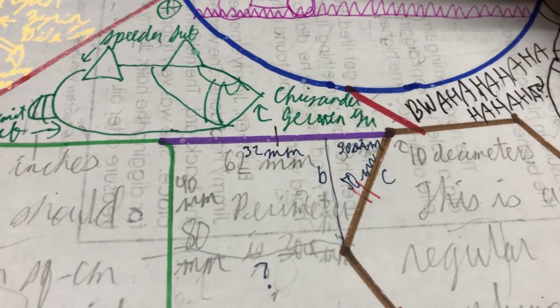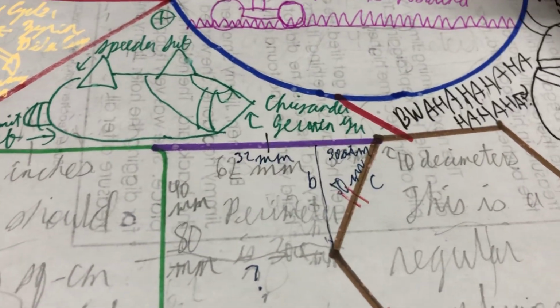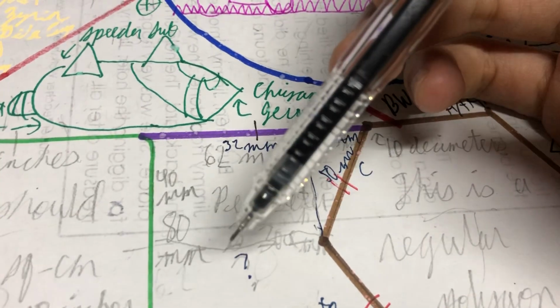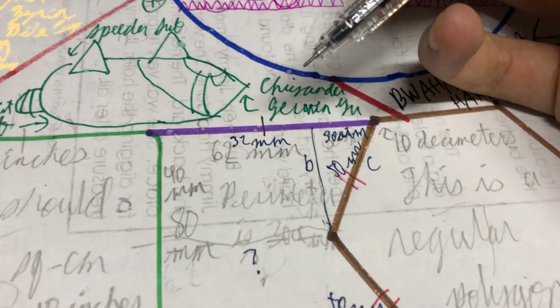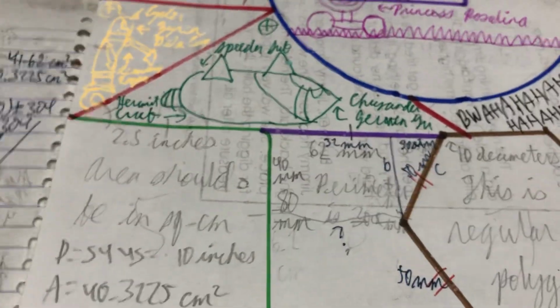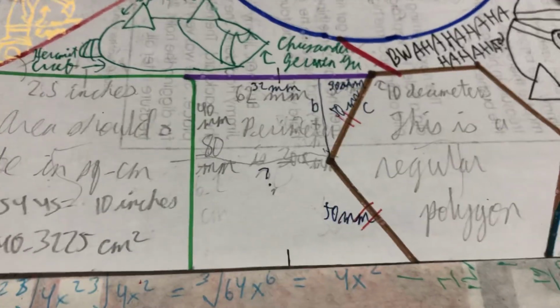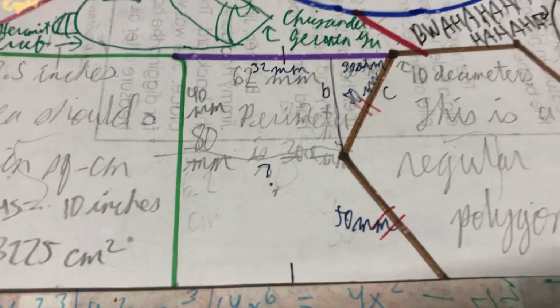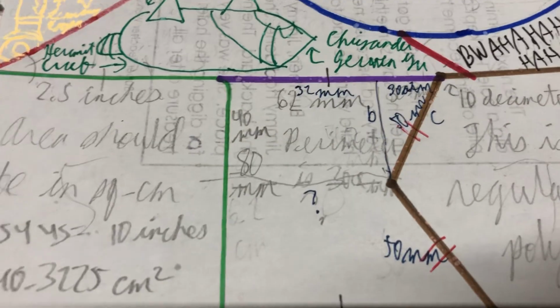Tama? Now, can we solve for the area of the trapezoid? Yes, we can. So therefore, this is 62, then plus 32, then times the height of 40, divide by 2. However, we don't need to divide, there's a catch. We don't need to divide by 2 anymore since we already know that there are two trapezoids that are completely congruent and symmetrical. So therefore, hindi na kailangan mag-divide by 2 unless you want to multiply it by 2.